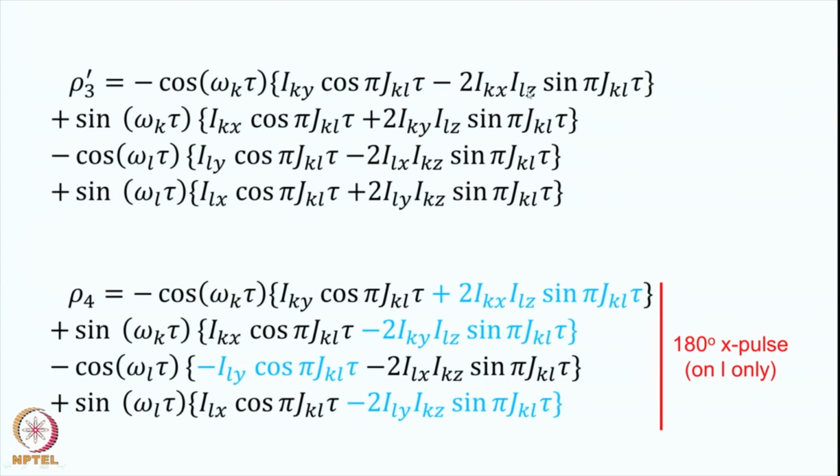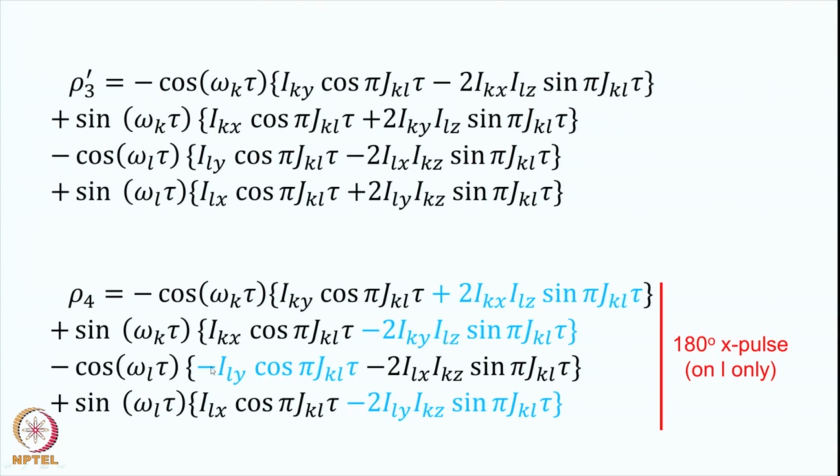So therefore this ILZ goes to minus ILZ, and therefore this becomes plus here. So this gives you 2 IKX ILZ sin pi j k L tau, that remains the same. So we put it in a different color for that reason. Now once again here nothing happens to this term, and on this term ILZ goes to minus ILZ, and therefore this gives me a minus sign here, minus 2 IKY ILZ.